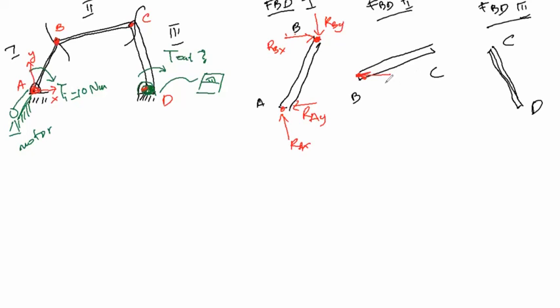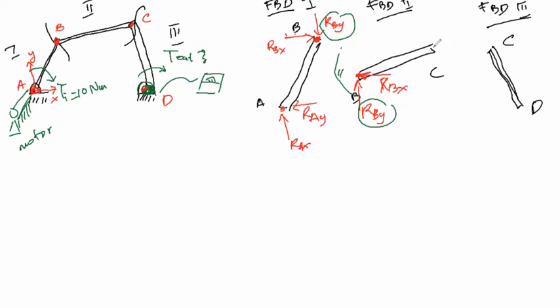If RBx is going to the right for link 1, then for body 2, RBx is going to the left. The same here, RBy is going upward like this. But remember, the values here should be the same as here. I'm talking about the value. They should be equal.